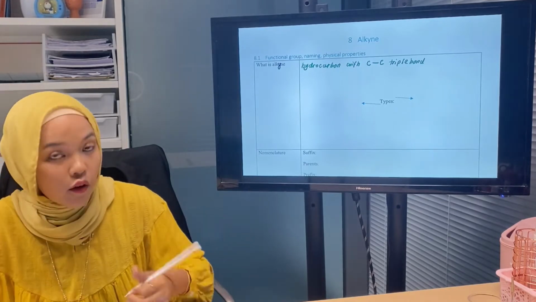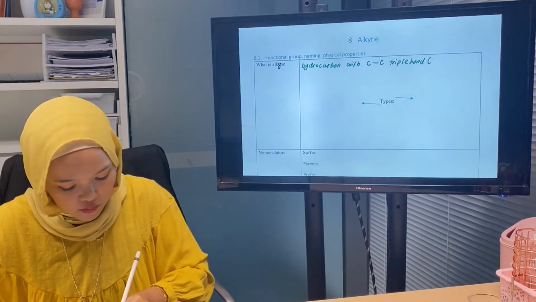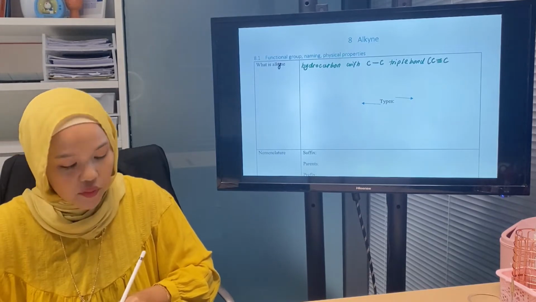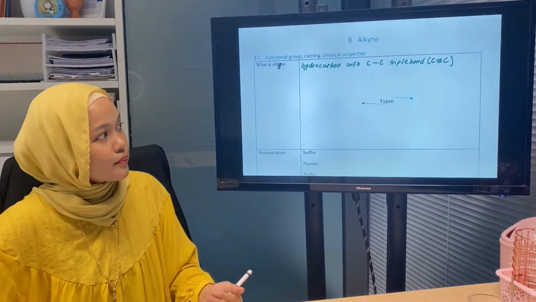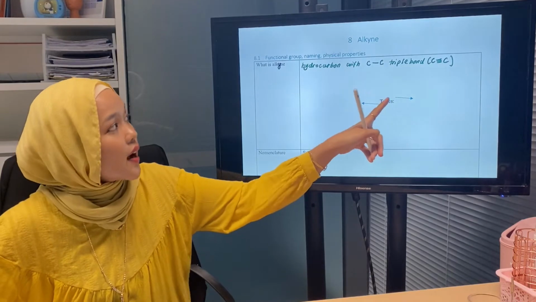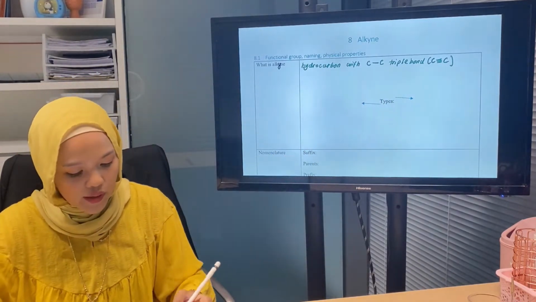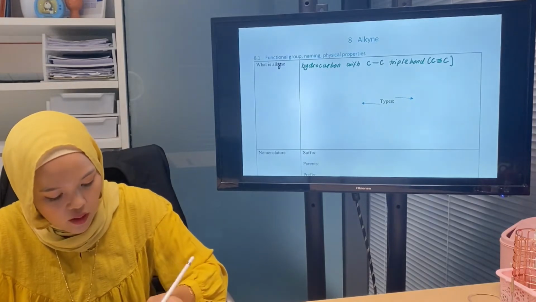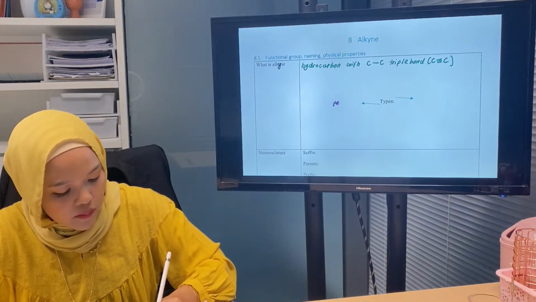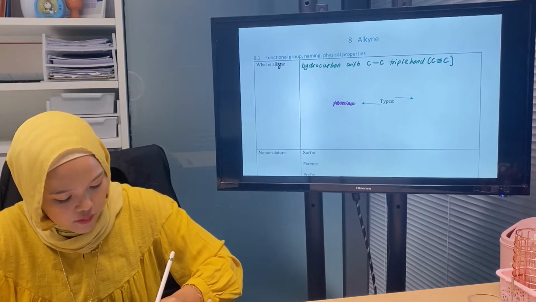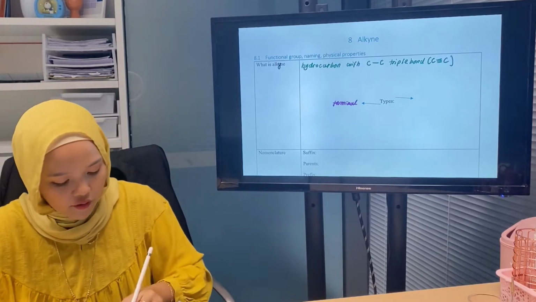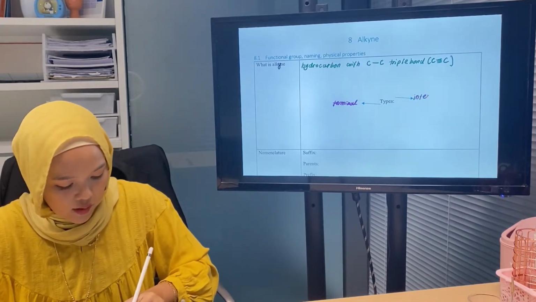Or instead of writing it like this, you can also write the carbon triple bond straight away like that. And what are the types of alkyne that you can have? You can have 2 types: the terminal alkyne and the internal alkyne.